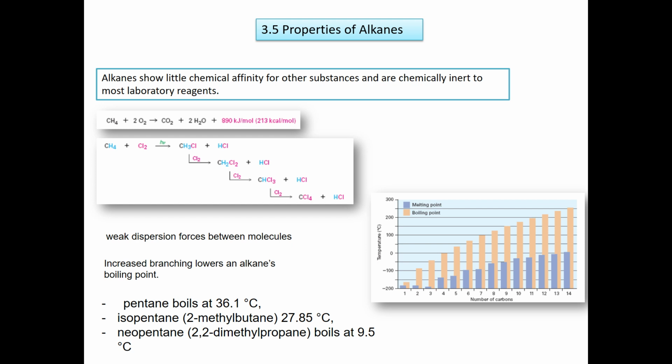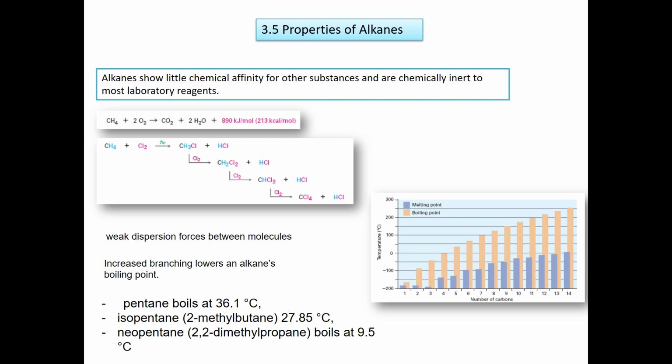Pentane boils at 36.1, isopentane at 27.85, neopentane at 9.5. That means it depends on how big the molecule is. If you have a branched hydrocarbon, obviously the surface or the volume will be lower, and for this reason the boiling point and the melting point will decrease, as you can see in this list: pentane, isopentane, neopentane.